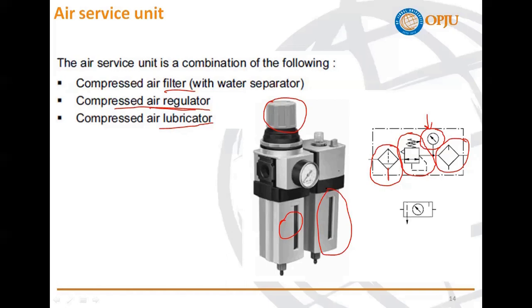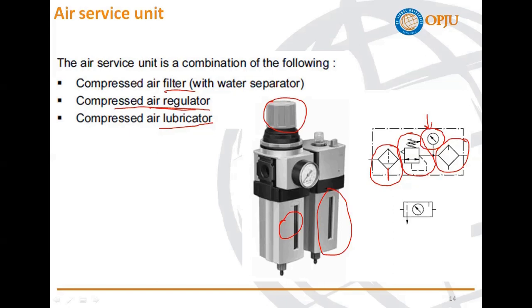So when air passes to the various directional control valves and actuators, that lubricant will lubricate the inner surface of the cylinder and directional control valve. Therefore it will work very smoothly.